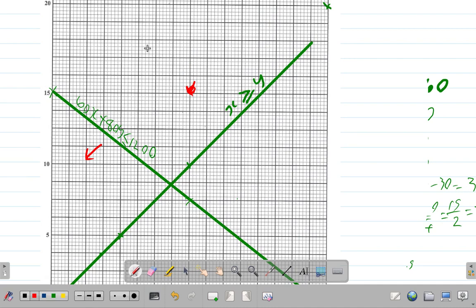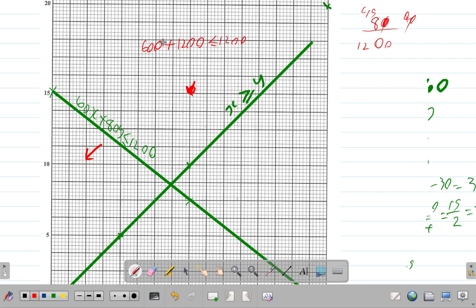Now, x is 10. So 60 times 10 is 600, plus 80 times 15. 80 times 15: 5 times 80 is 400, bring down the 0. Carry 4, 8, 1, 8... 1200. So 600 plus 1200 must be less than or equal to 1200.